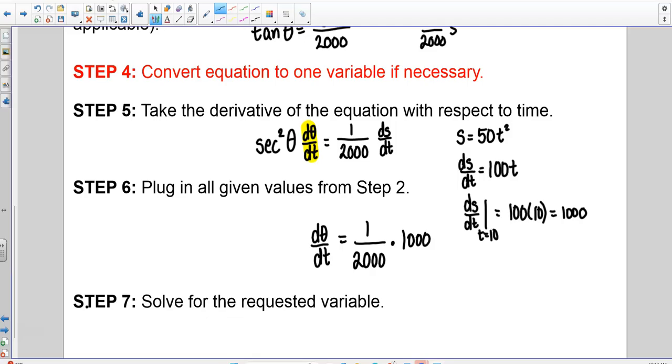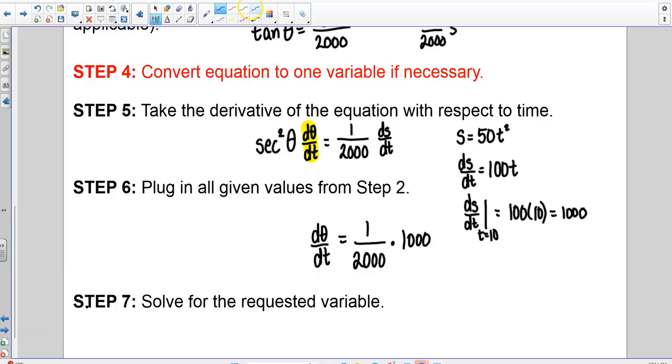I don't know enough sides, and Pythagorean theorem won't give me an angle, because Pythagorean theorem is just the sides, right? A squared plus B squared equals C squared is only the sides. Now you could maybe employ it a little bit later, but we definitely have to do something else first.